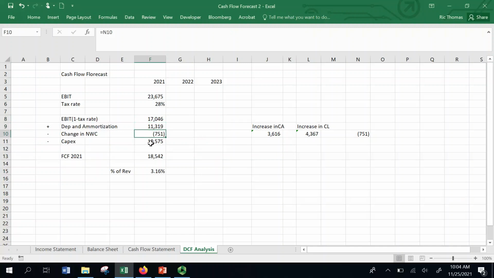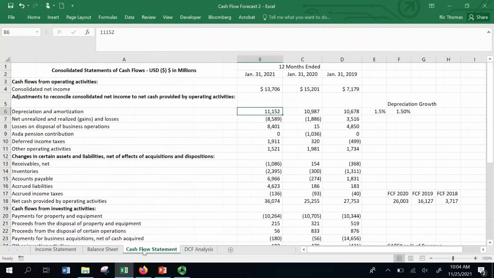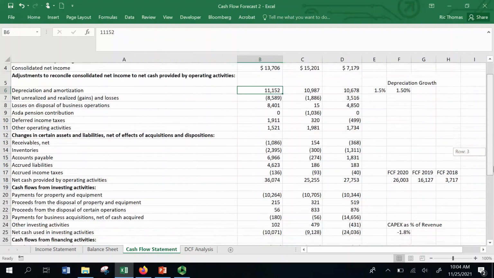The last thing I want to do is subtract out CapEx. So for CapEx, I take the negative of a number that I calculate over here. It's the cash flow statement F25 times the income statement H6. Cash flow statement F25 is right here.